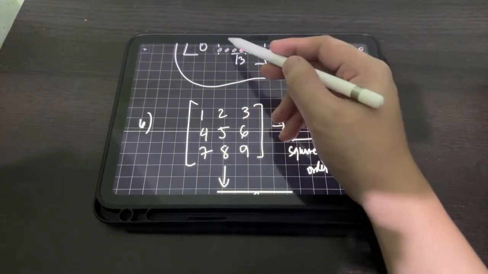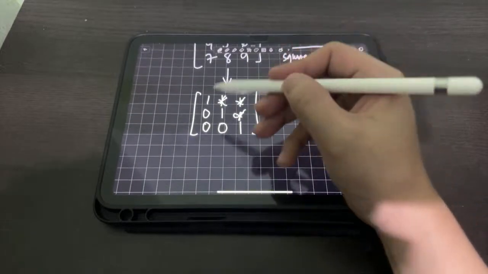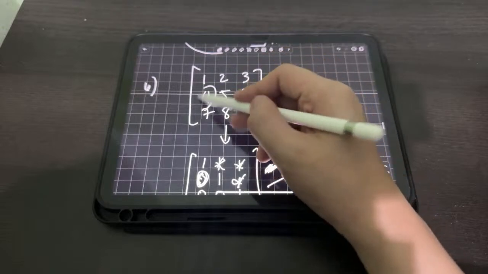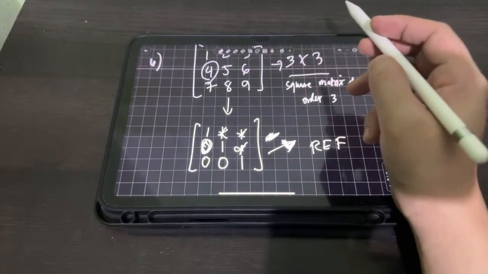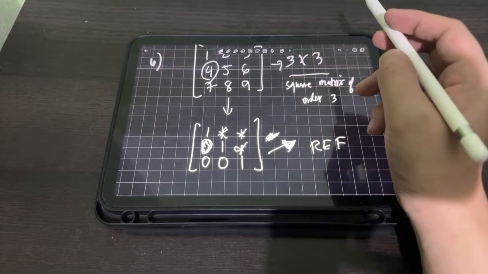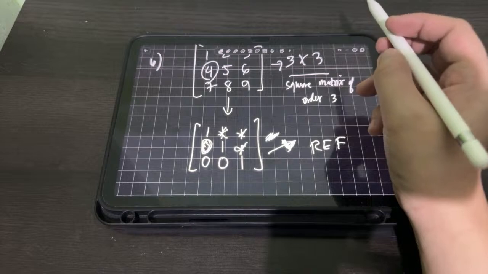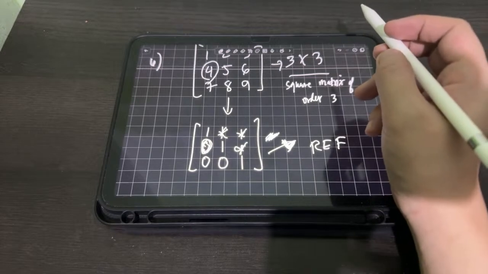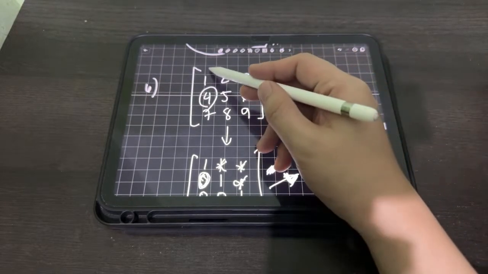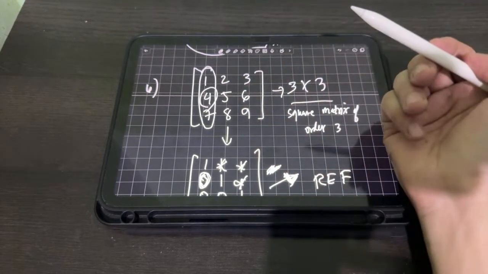Next, let's try to make this entry 0. You notice the flow of our operations, or the order of how we transform the matrix into REF form. We start with the first column.